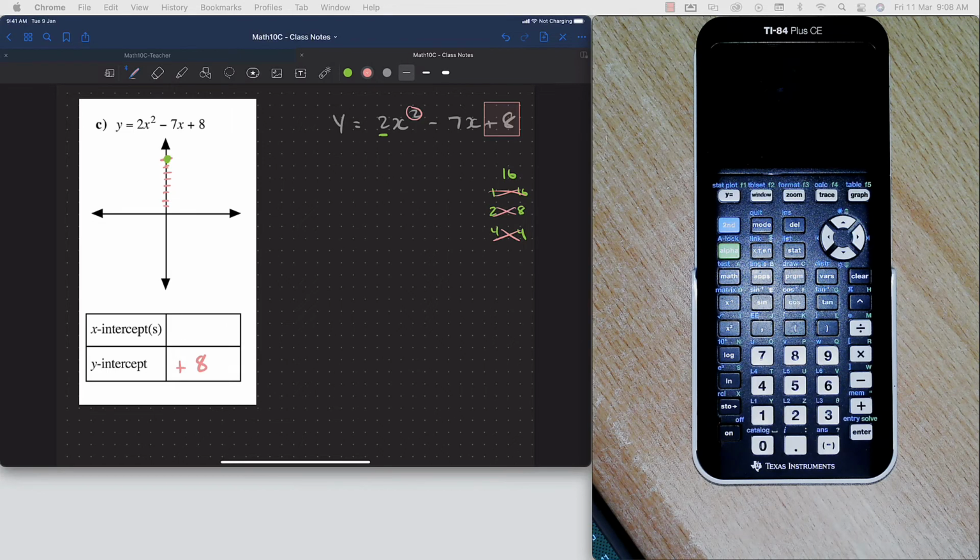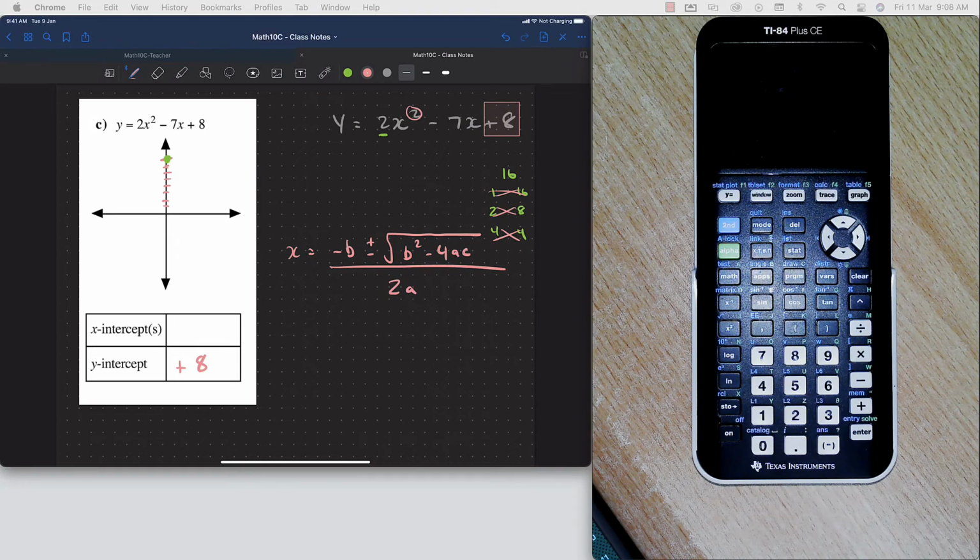So the only way for us to calculate the x-intercepts again is to use the quadratic formula, which is x equals negative b plus or minus the square root of b squared minus 4ac, and all of that is going to be divided by 2a.